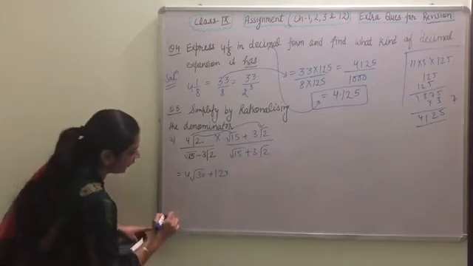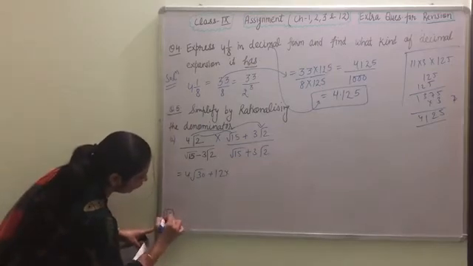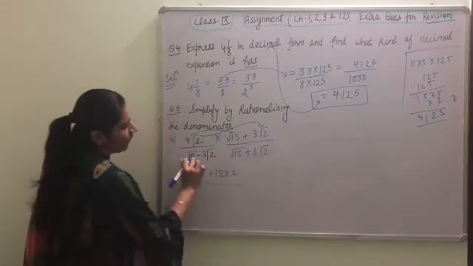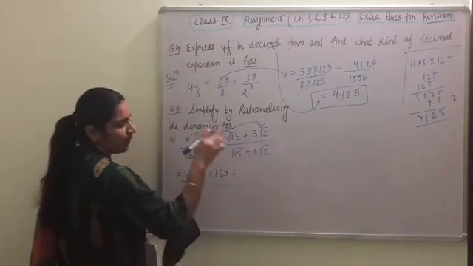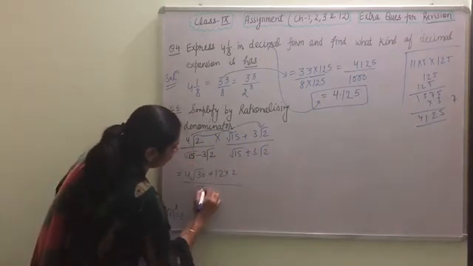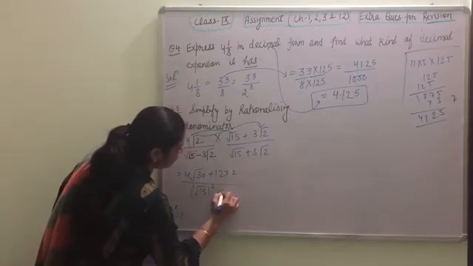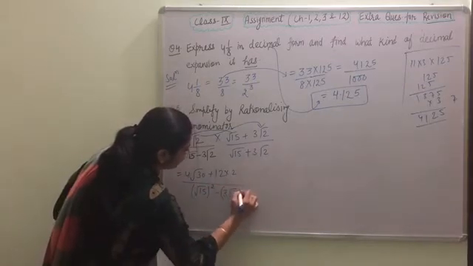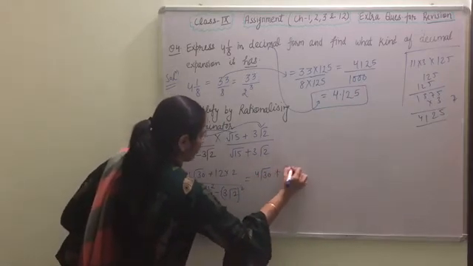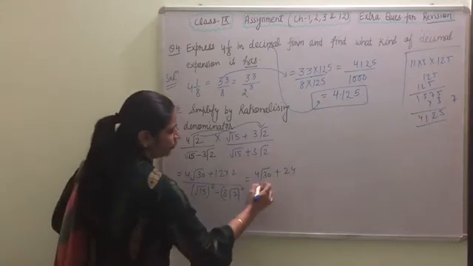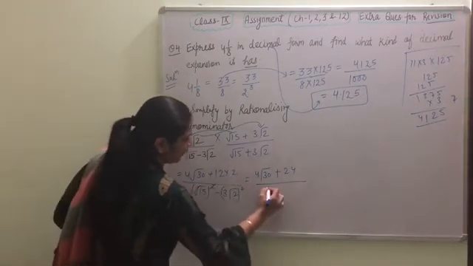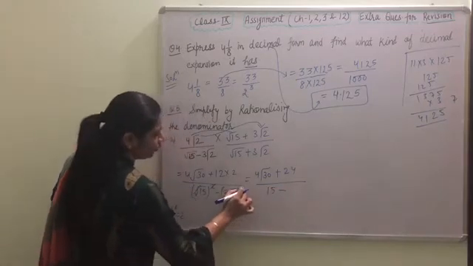Here I am doing the calculation part: root 2 square is equal to 2 into 2. A minus B, A plus B. Again applying the identity, A minus B, A plus B, A square minus B square: root 15 square minus 3 root 2 square, which is equal to 4 root 30 plus 24, 12 2s are 24, divided by root 15, root and square will be cancelled, 15, minus 3 root 2 square.